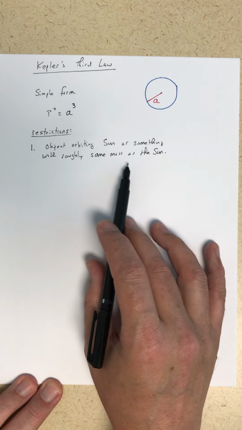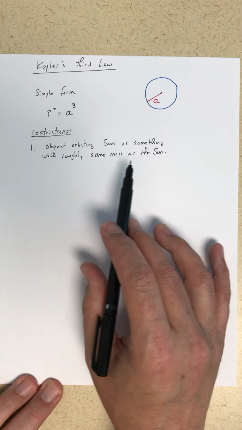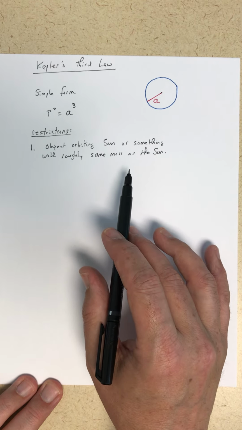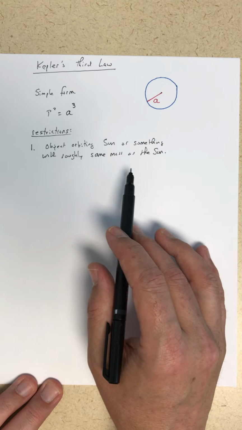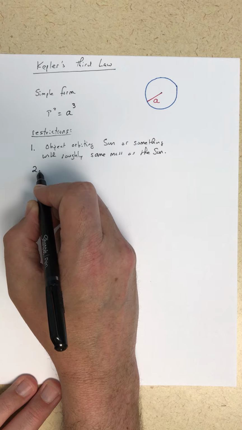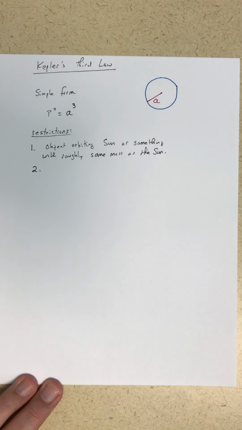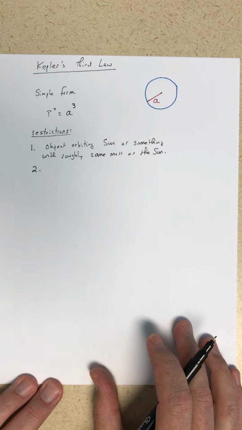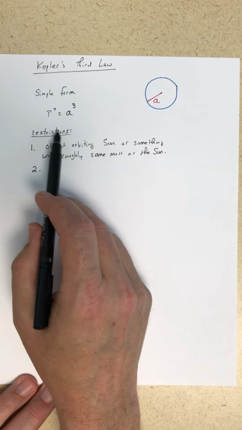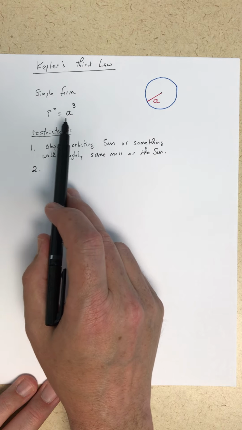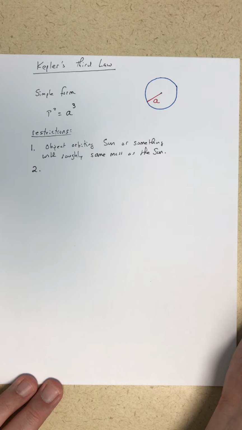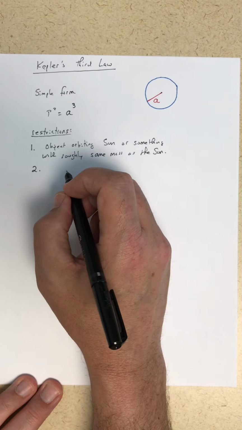We need that restriction because everything is tied to having a solar mass worth of gravity pulling on the object, causing the orbit. If restriction 1 is not satisfied, we're going to have to use the general form of Kepler's third law, which is a little bit more complex but has the same basic structure: period squared is going to be something times semi-major axis cubed. We'll go to that here in a little bit.